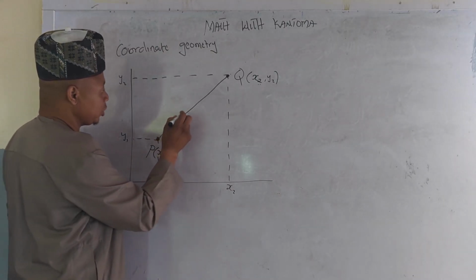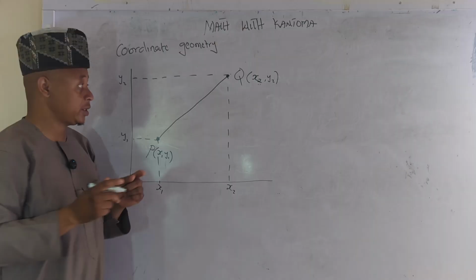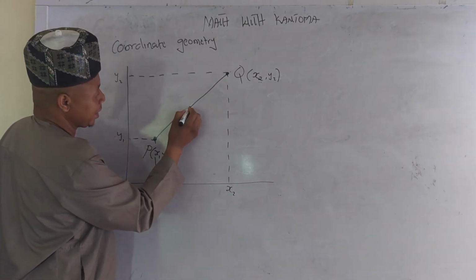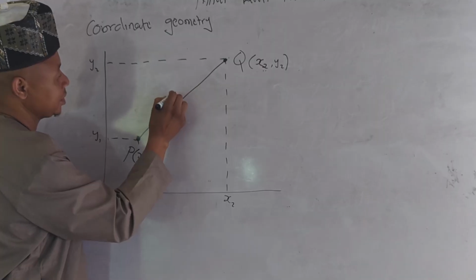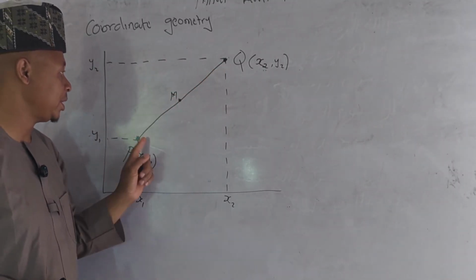And in today's lesson, we'll be talking about the midpoint between these 2 points, P and Q. So now suppose we have a midpoint, let me say this is point M. This is the midpoint of line PQ.